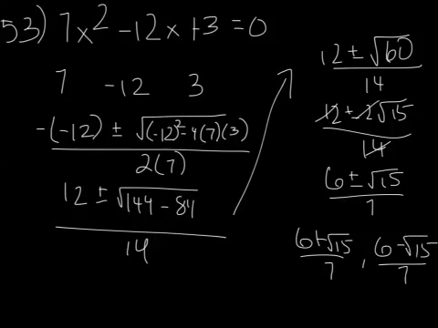And you would do both of those, and you would get two separate answers, one being positive and one being negative. So number 17, let's move this over here, get it out of the way. Number 17 is x squared minus 15x plus 56 equals 0.